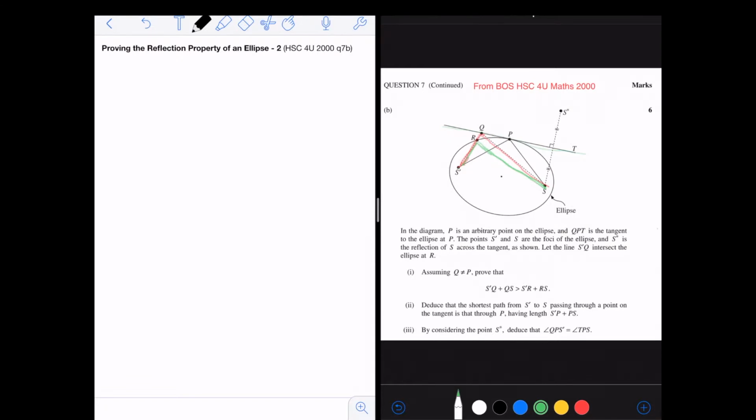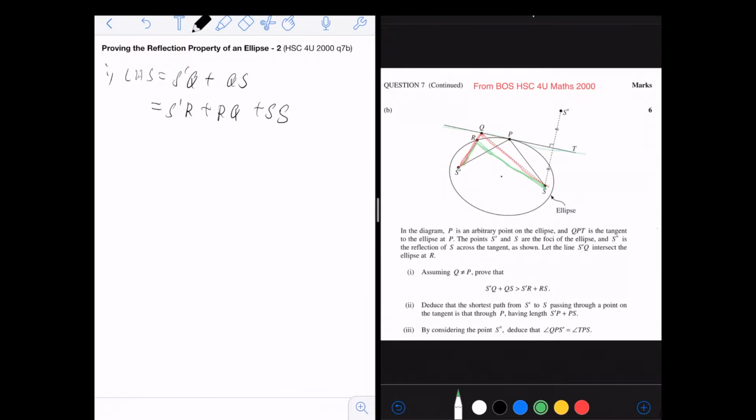So how are we going to prove this? Let's go. My left hand side is equal to S dash Q plus QS. And then I can split S dash Q into S dash R plus RQ, then plus QS. And then we know the triangle inequality property: the sum of any two sides is bigger than the third side.